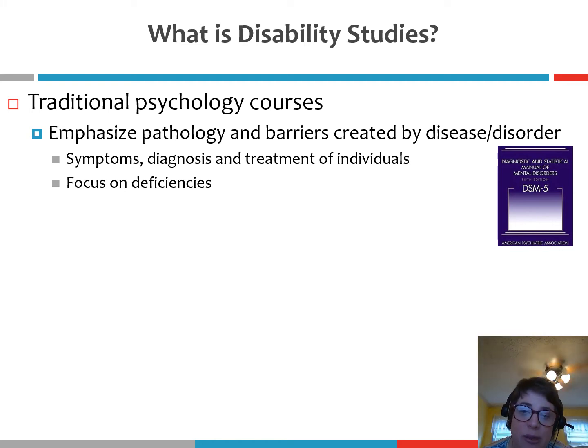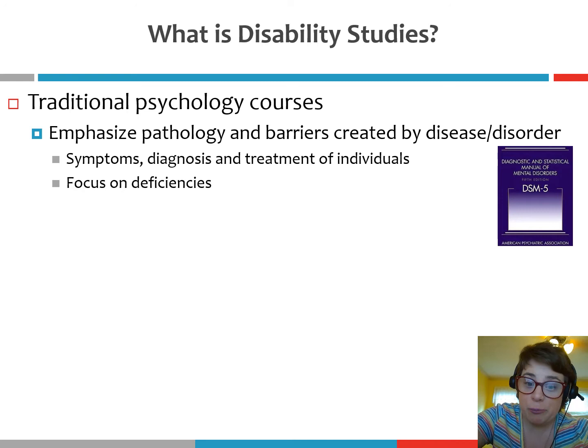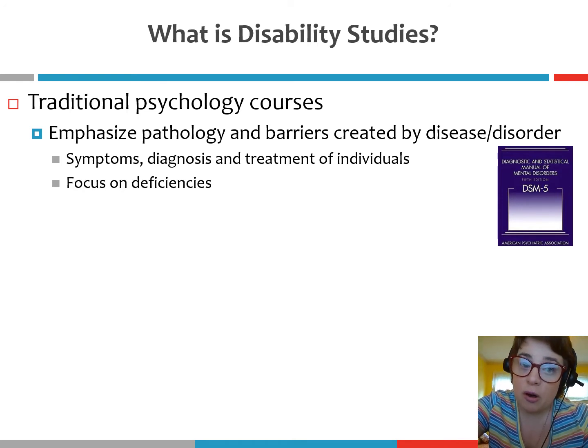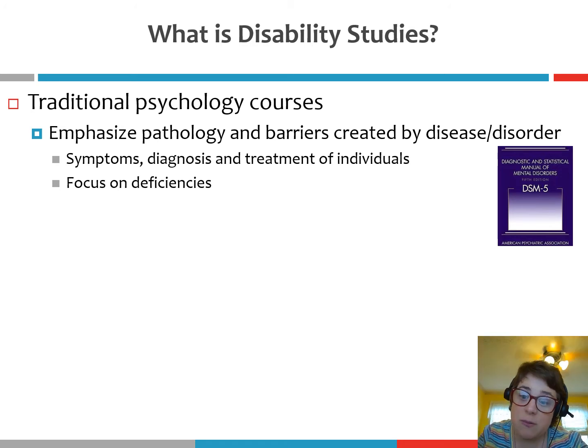So really what we tend to focus on in the field of psychology is we emphasize pathologies, and specifically we emphasize the disease model, right? So we assume that the problem of disability or the barriers that are created for the disabled person is because of the particular disease that they have, right? So disability is disabling because of disease.